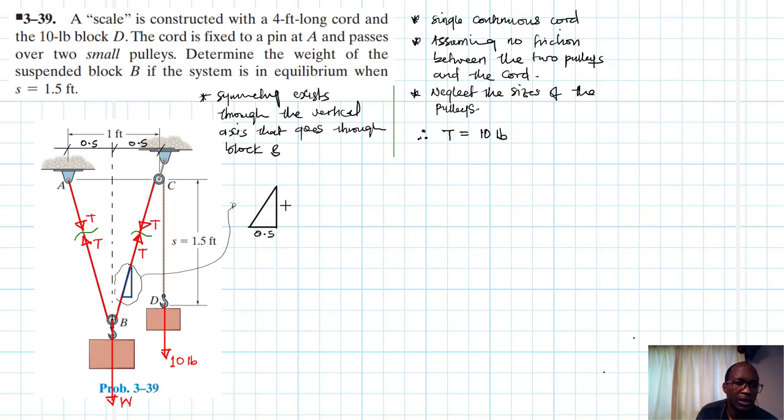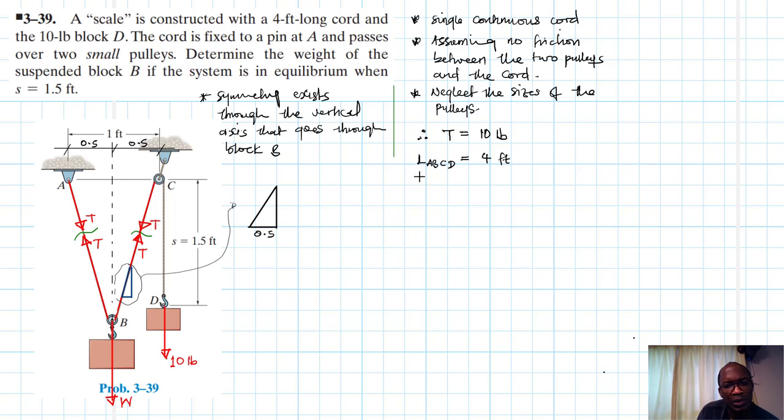And then we've been told that the total length of the cord is equal to 4 feet. So A, B, C, D is equal to 4 feet.